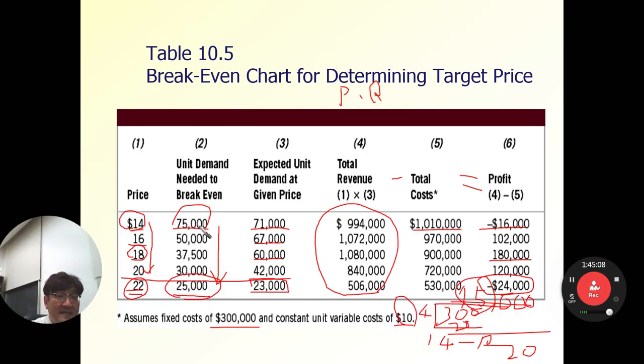Which one has the biggest sales? Yes, 75, 71. Here, at $14, we have the maximum sales, the maximum quantity. So if you want to increase the quantity no matter what, then $14 is going to be your optimal price.